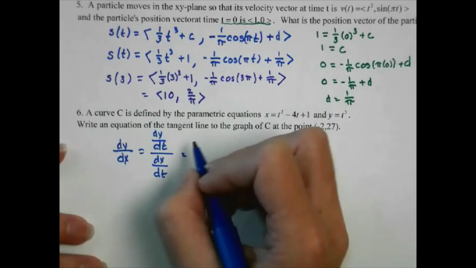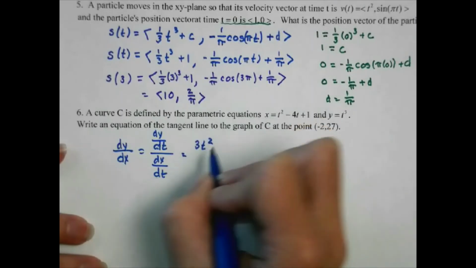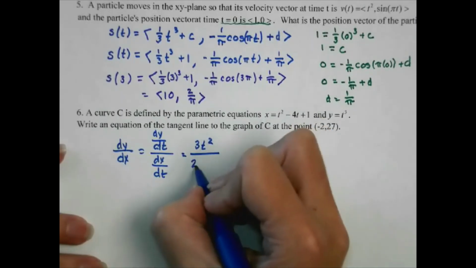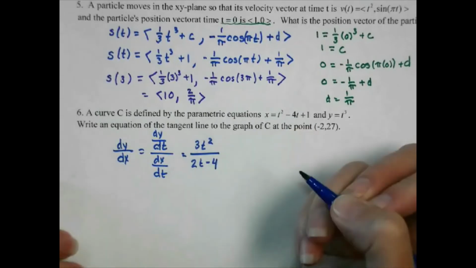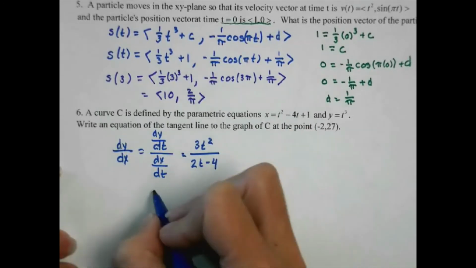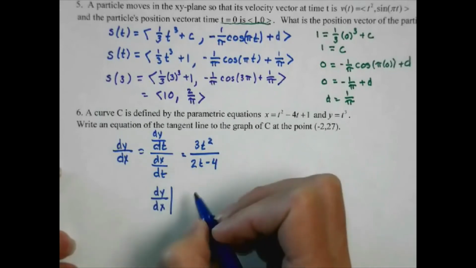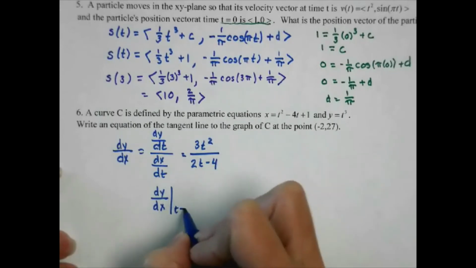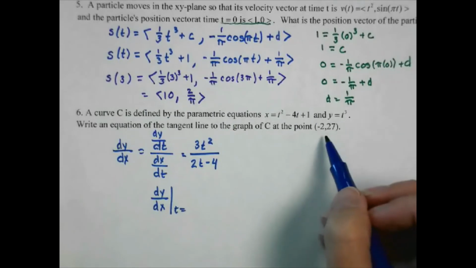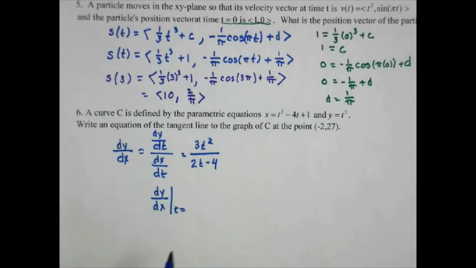So dy dt is 3t squared. Dx dt is 2t minus 4. We want this at t equals, we don't have what t equals. We have what x and what y are.